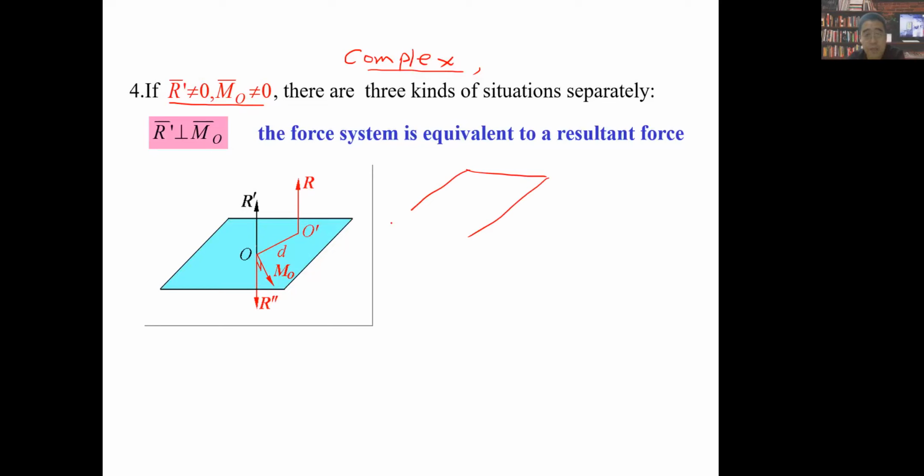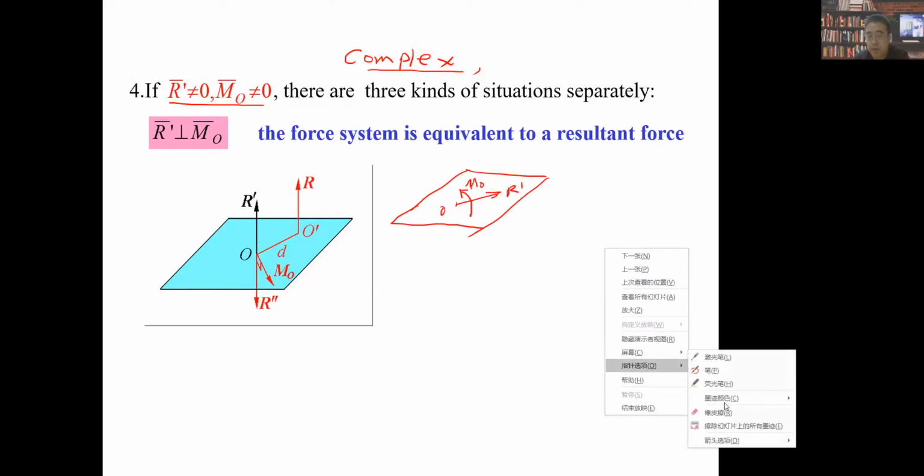So this time I will draw that. Maybe we can have an R prime here, and we have a MO here. So this is point O. This time I will change the color of my pen.